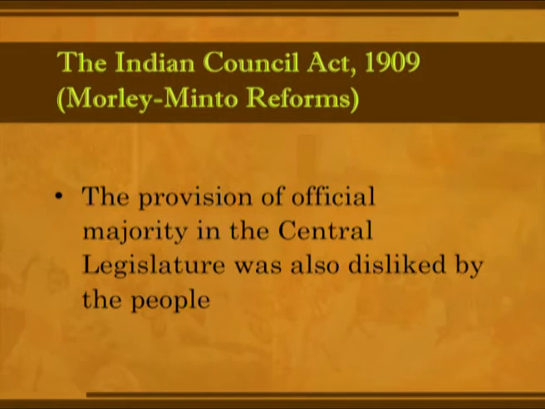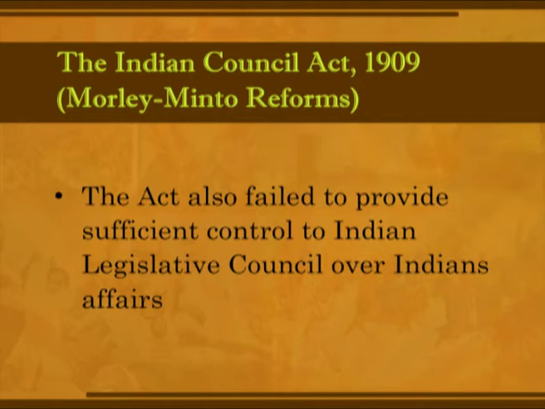The provision of official majority in the central legislature was also disliked by the people. The Act also failed to provide sufficient control to the Indian Legislative Council over Indian affairs. However, despite the numerous shortcomings of the Act, it cannot be denied that the Act was a step forward in the direction of a responsible government.